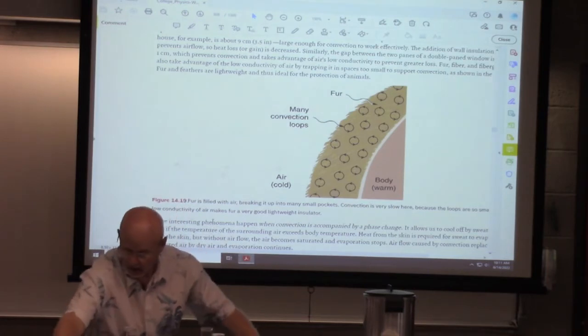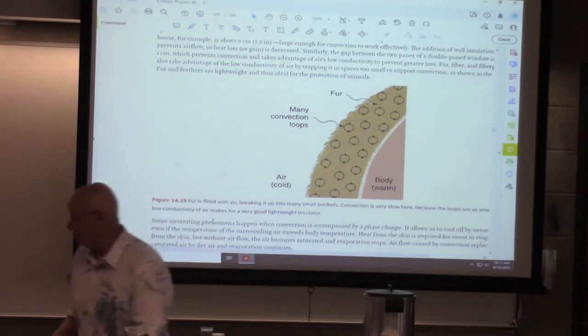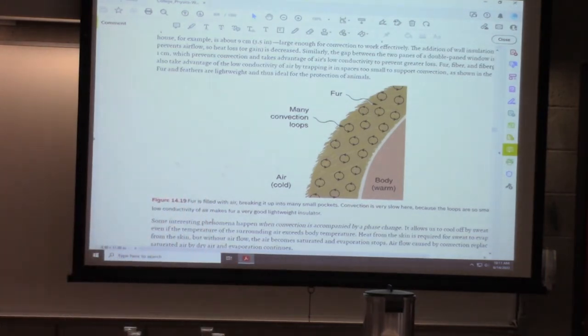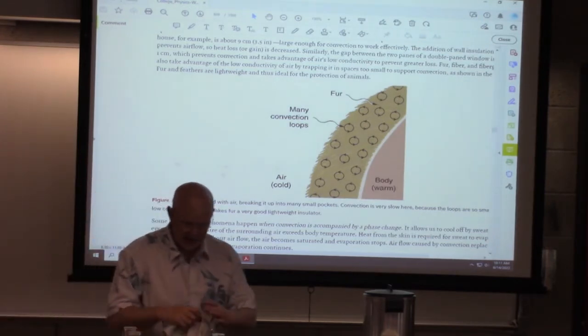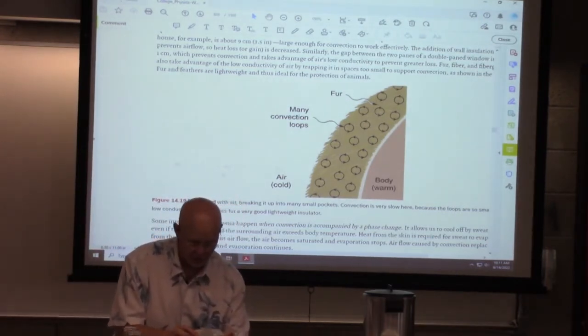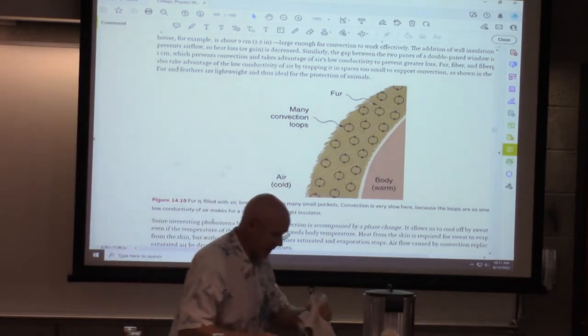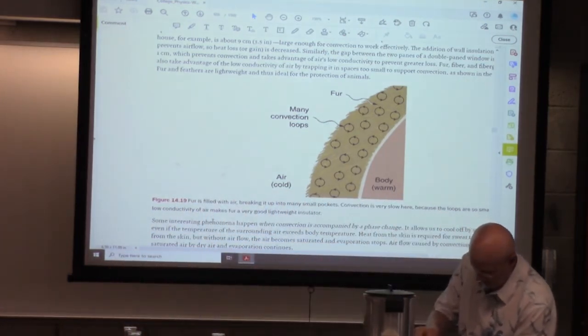Let me kind of set this up, and so I don't burn myself too badly, let me get something to hold the neck. I got the hot water going here.